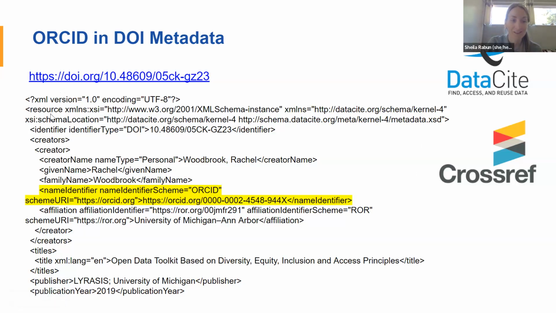I've highlighted within this XML where you would see an ORCID ID being included in DOI metadata for a work, a journal article, etc. In that case, Crossref and DataCite both have the ability to add works to people's ORCID records if the ORCID IDs are included in the metadata like this.